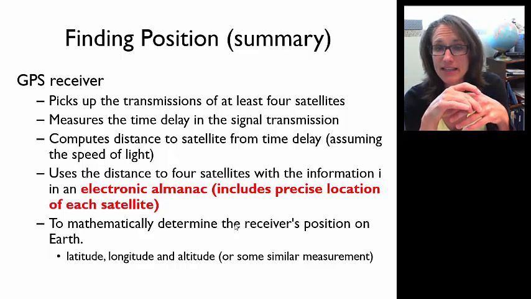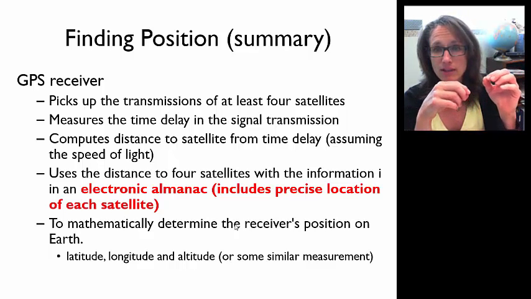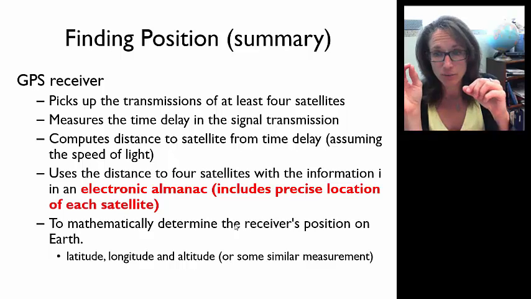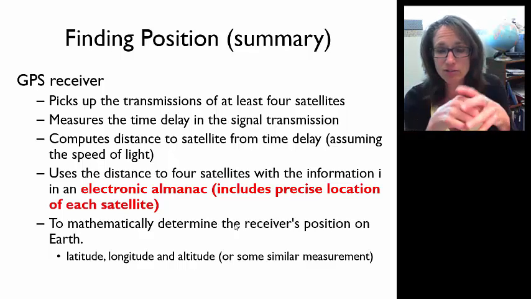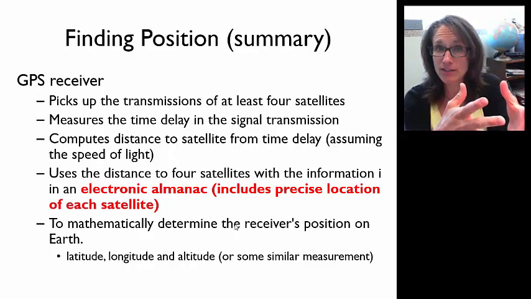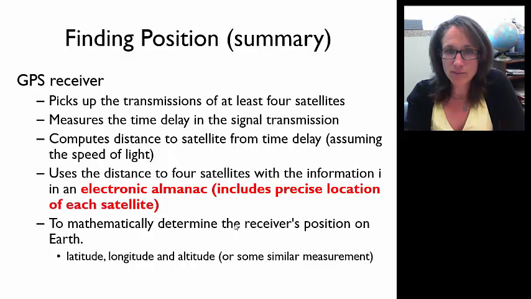And then it combines those distance measurements with the information from the navigation message, which includes the precise location of each satellite, to trilaterate and determine the receiver's position, which is recorded in the GPS unit as latitude, longitude, and elevation. So that summarizes what's going on with a GPS receiver calculating your position.